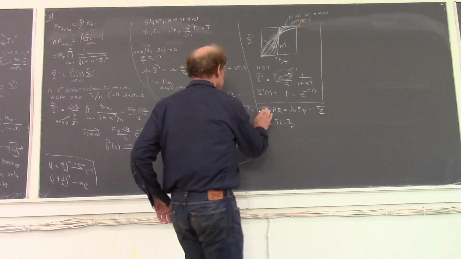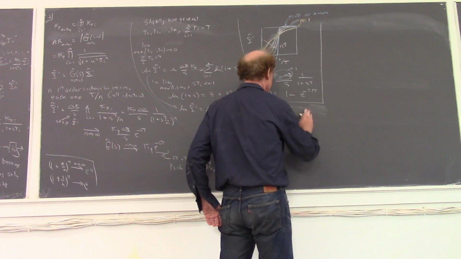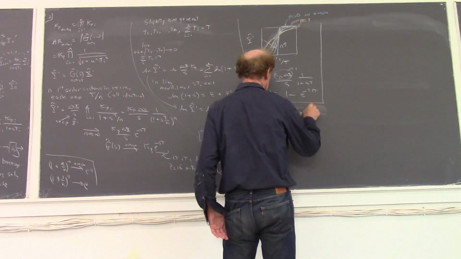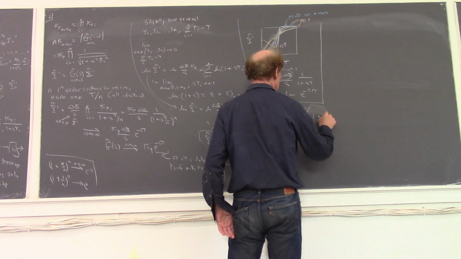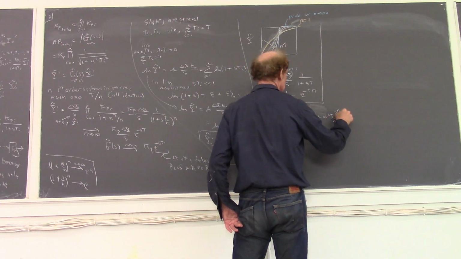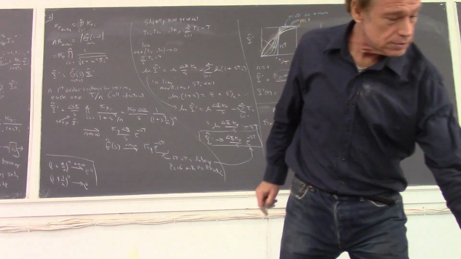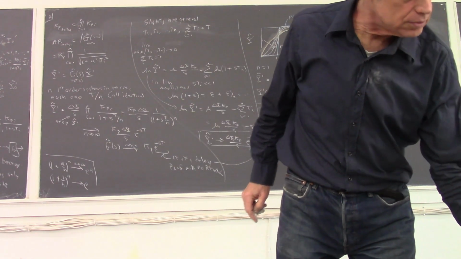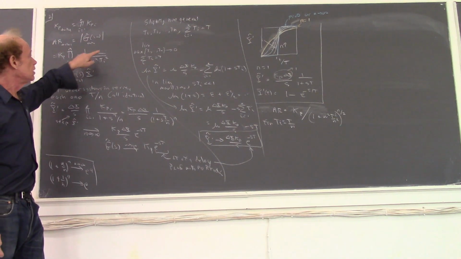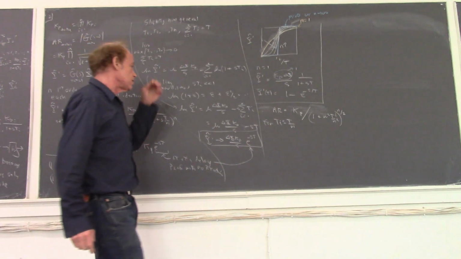So maybe I should back up a step and just not read out steps. So here I have the amplitude ratio is Kp divided by 1 plus omega squared T over n squared, raised to the n over 2. It's 1/2 because it's a square root, and there are n factors, so it's n over 2.